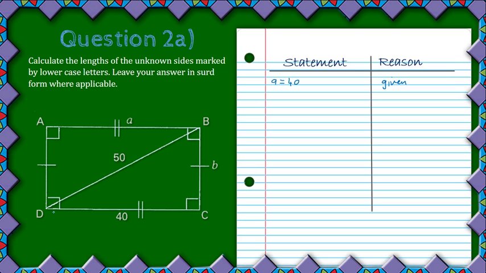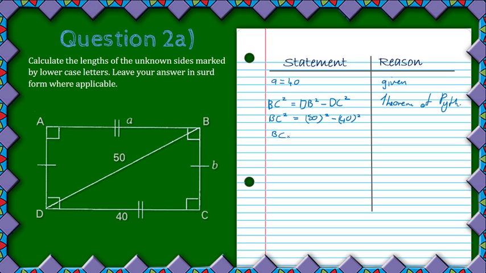So once again, we are in a right angle triangle, so I need to just use the Theorem of Pythagoras. B is a shorter side, so I'm going to say BC squared is equal to my long side DB squared minus my other short side DC squared. Theorem of Pythagoras. Then BC squared is equal to 50 squared minus 40 squared.